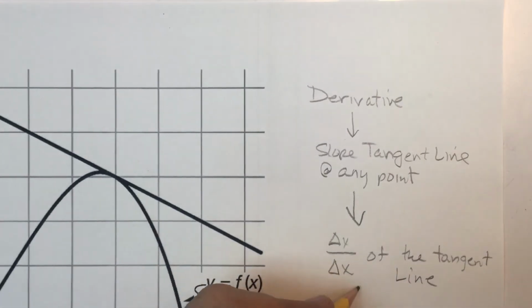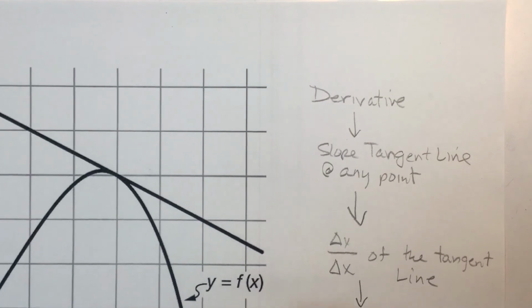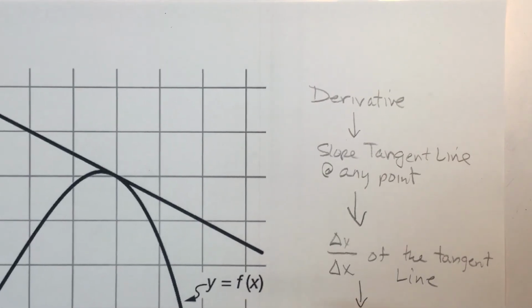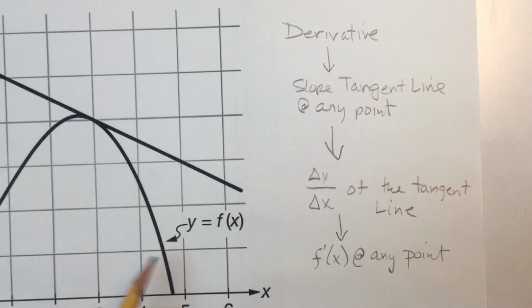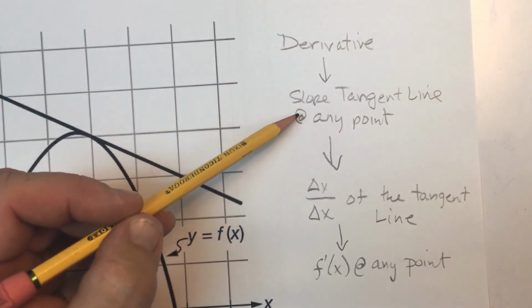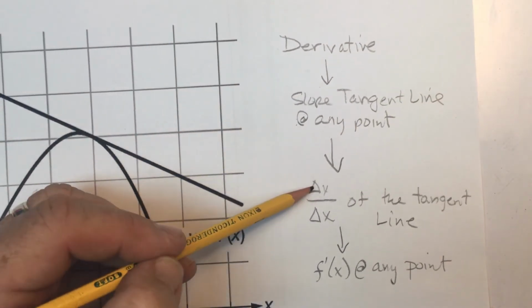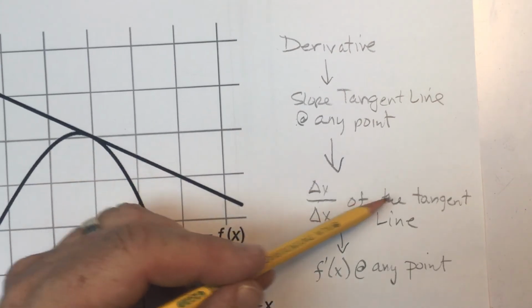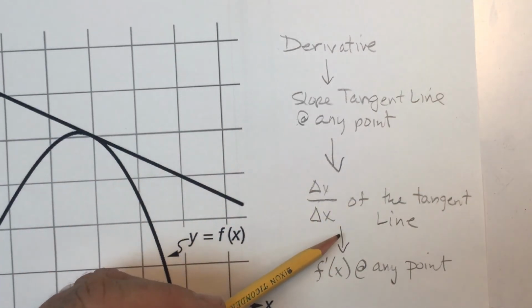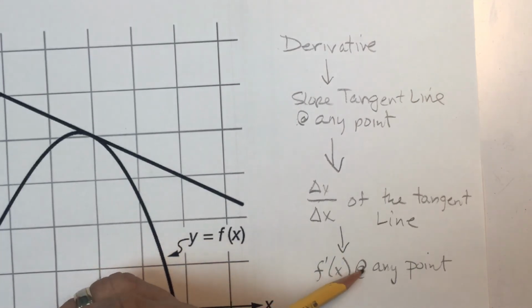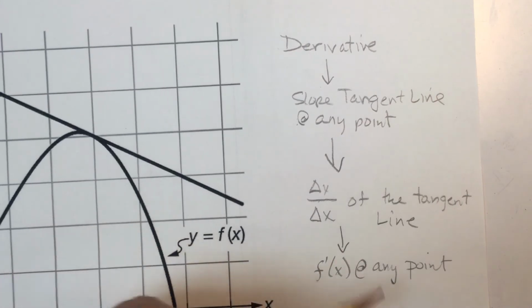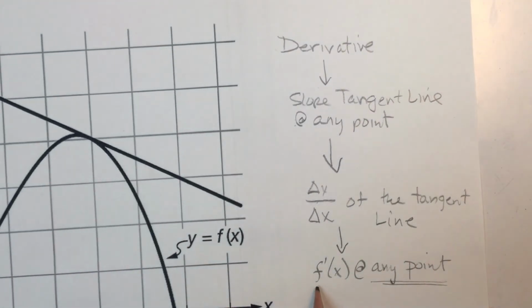And that is the same as f prime of x at any point. So there's quite a few things there. The derivative is the slope of the tangent line at any point, which really means the change in y over the change in x of the tangent line at any point, which means in general that f prime of x at any point. So this is the key piece, at any point.